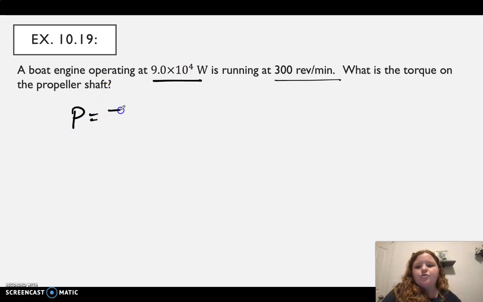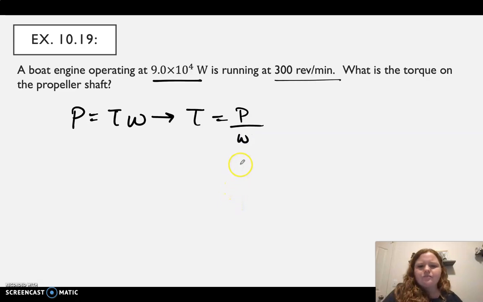And so we would use this equation. P is equal to torque times omega, our rotational velocity. And so we want to find torque, so that means it'll be our power over our rotational velocity.